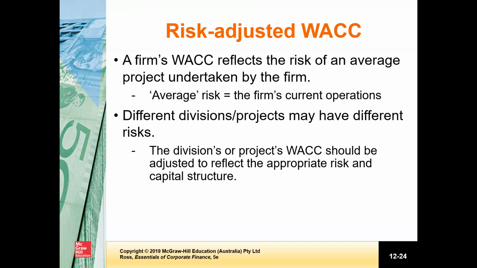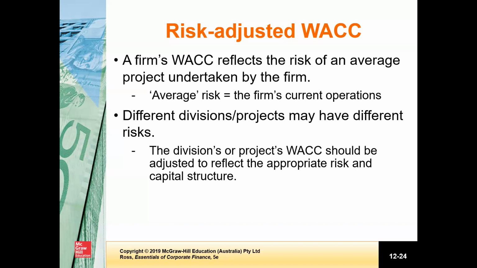We know from our study of risk and return, however, that a desirable investment is one that plots above the SML. Now, if a project has a beta of 0.6 compared to the firm's beta of 1, it will have an expected return of 14%, and its required rate of return is 11.8%.